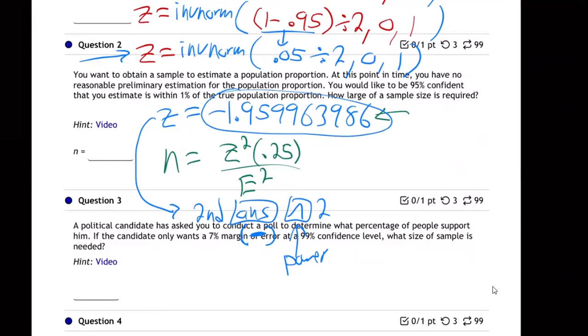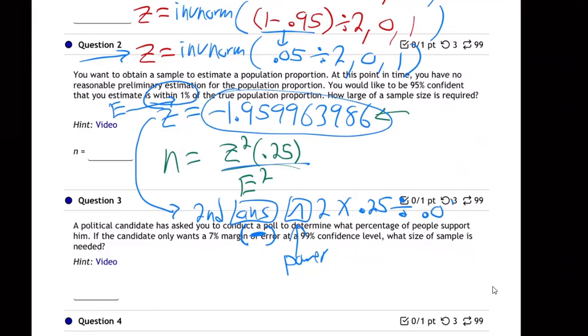Go to the second power and then times 0.25, because that's up on the top, and then divided by, because now we have to do the E on the bottom. And what's the E? It's that number. That's the E right there. It's 1%.